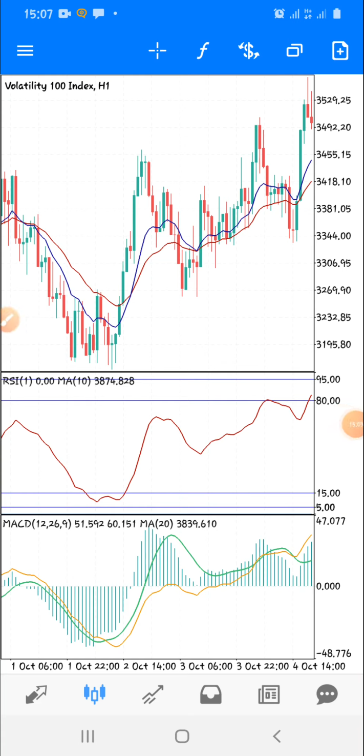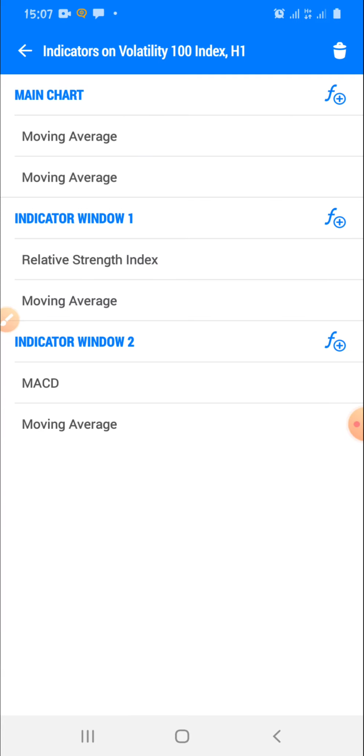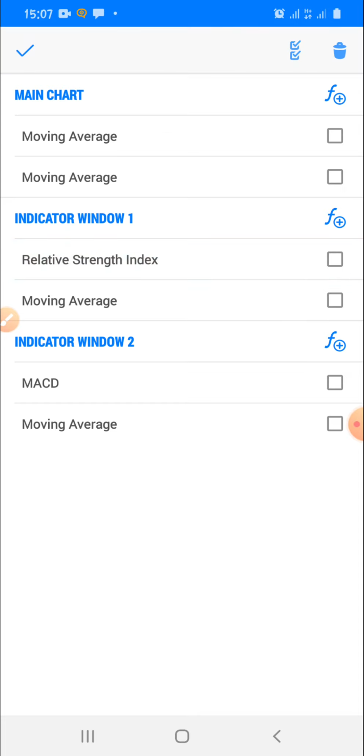So now let me clean the chart so that I only remain with the MACD, because the only thing that I need here is the MACD line.